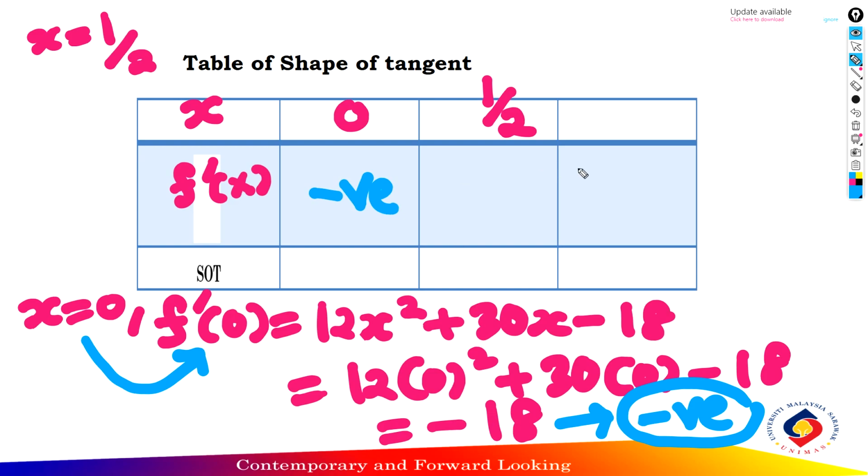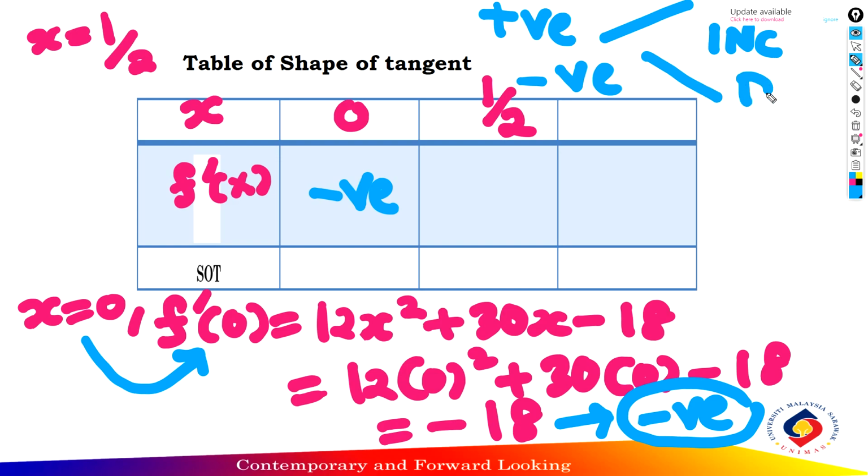And the third row, shape of tangent. Shape of tangent: when the sign of the first derivative is negative, the gradient decreases, and when the sign is positive, you put increase.